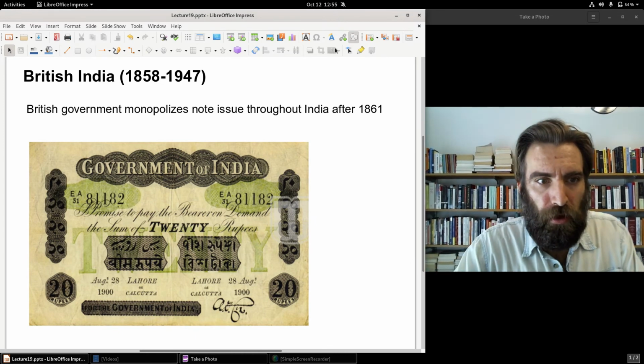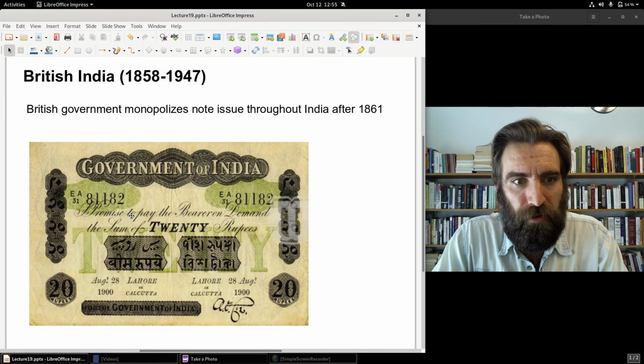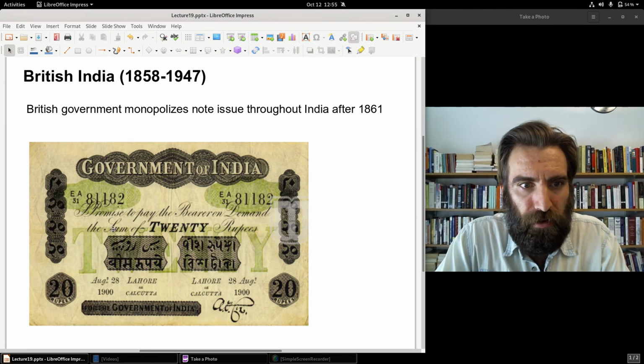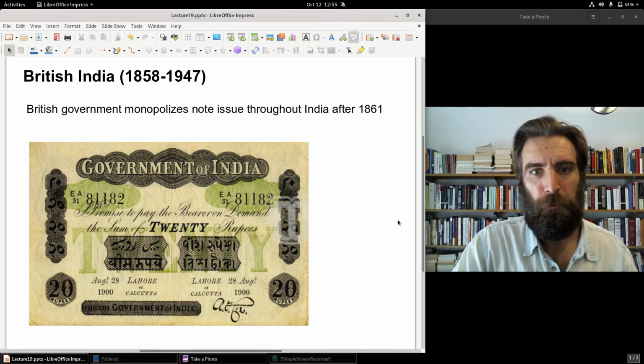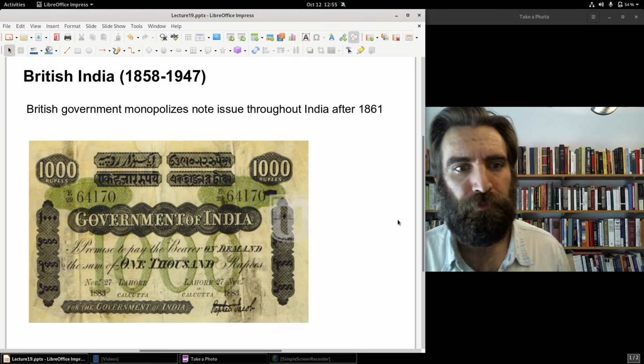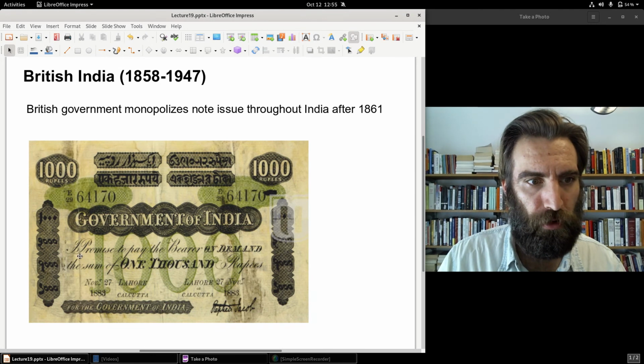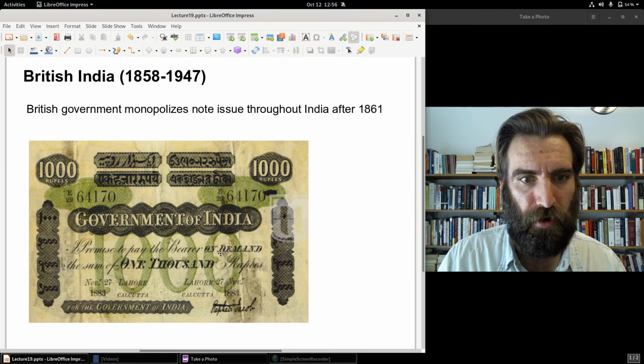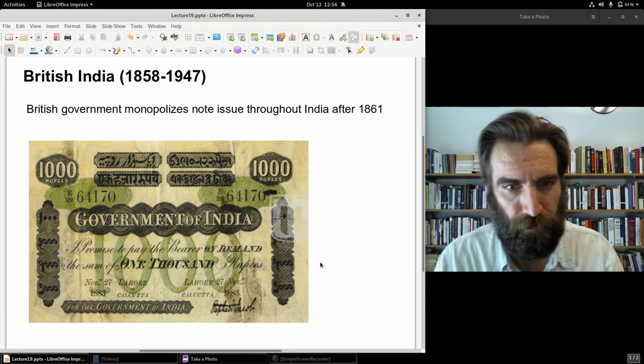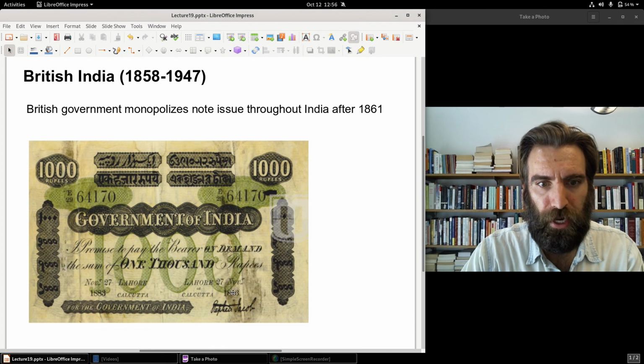And these paper currencies promise to pay the bearer on demand the sum of 20 rupees. Here's a 1,000 rupee note. Government of India, I promise to pay the bearer on demand the sum of 1,000 rupees. Calcutta, 1883.